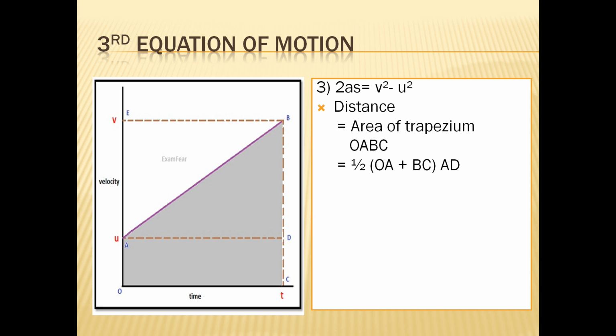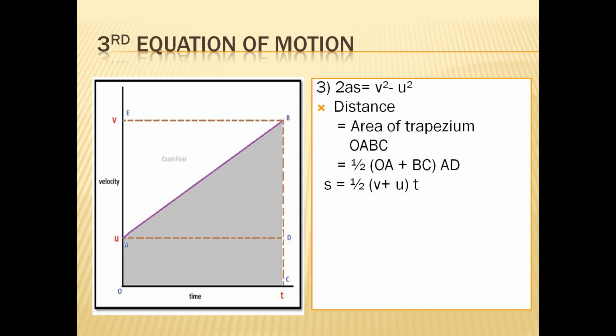Now substituting these measurements with the notations, we get S equals half into (OA is U plus BC is V), so V plus U or U plus V, into T. Now in this equation we don't need time.